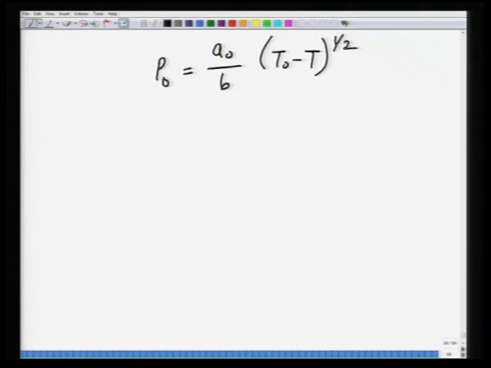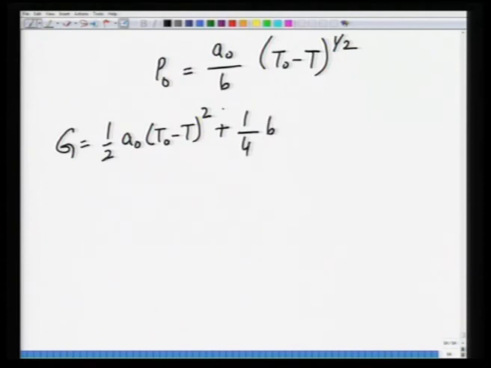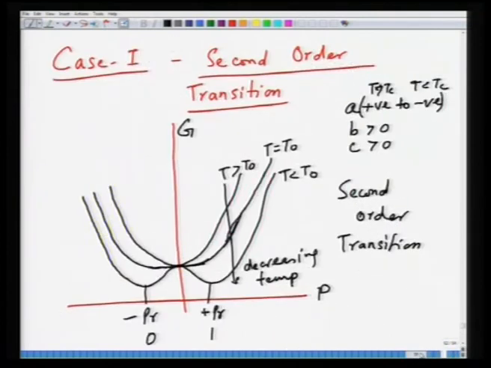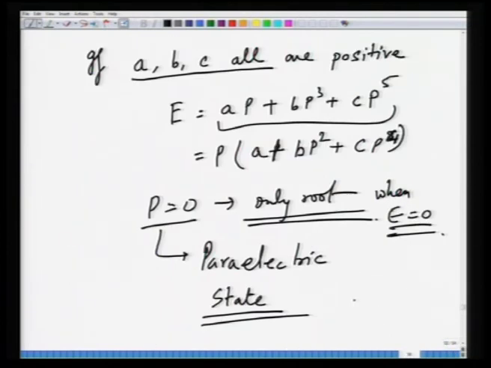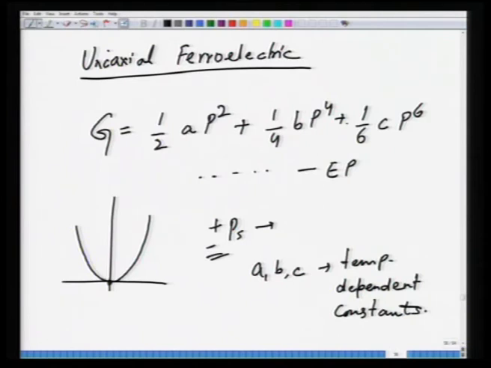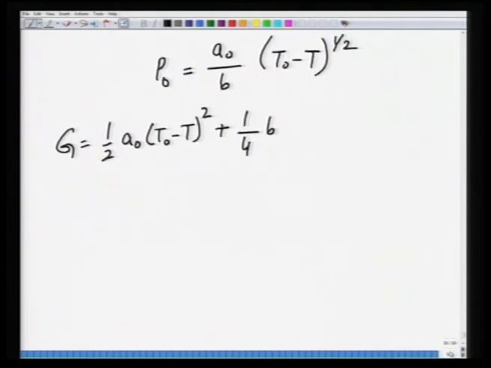Because you know that G was equal to half A P square plus so on and so forth. So, A naught into T minus T naught into P square, and this half B P to the power 4 minus E into P.